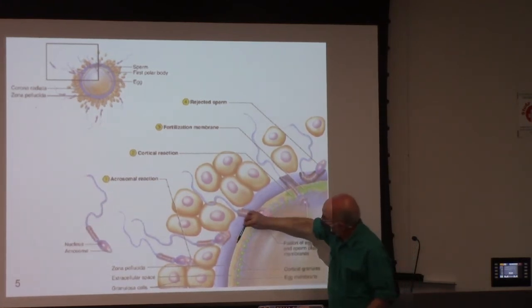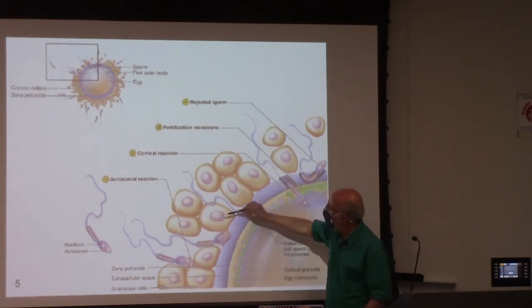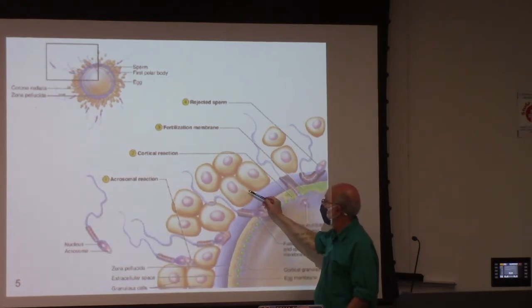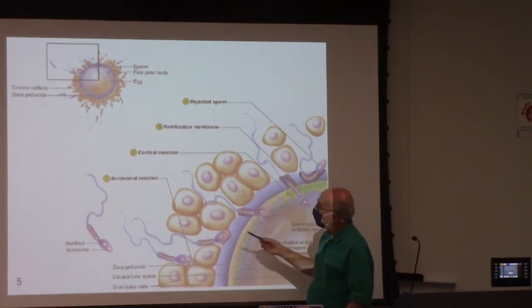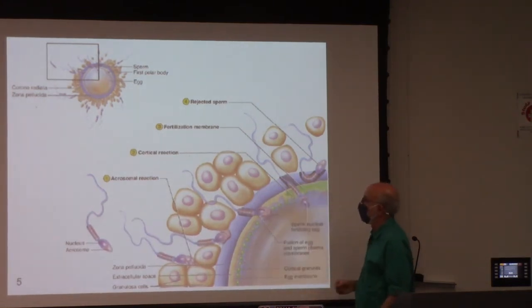There is the zona pellucida, a membrane on the outside of this. And then these orange things are the granulosa cells of the corona radiata. The sperm are the purple, blue things, obviously.